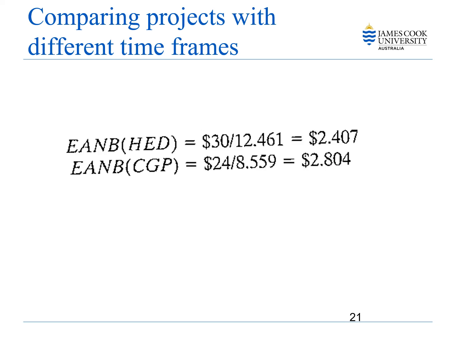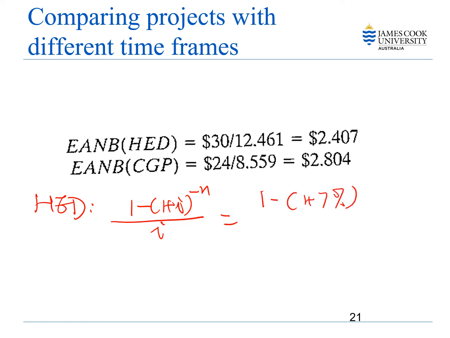So let's compute EANB. For the hydroelectric dam project, the annuity factor is 1 minus (1 plus i) to the power negative n, divided by i. We know that the interest rate is 7%, and the number of periods is 75.